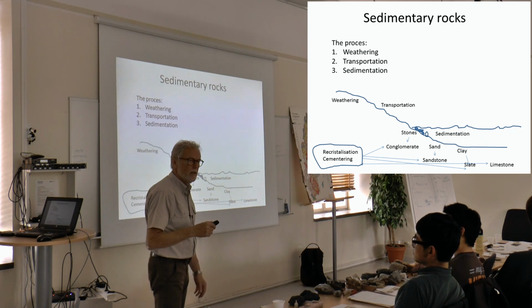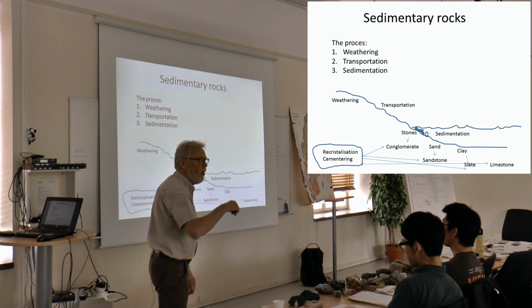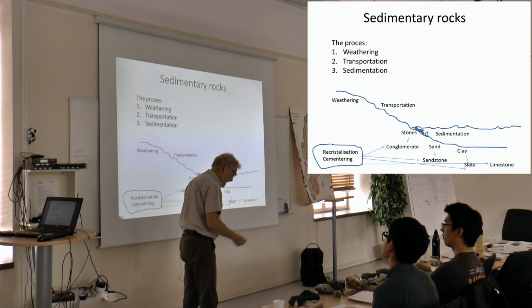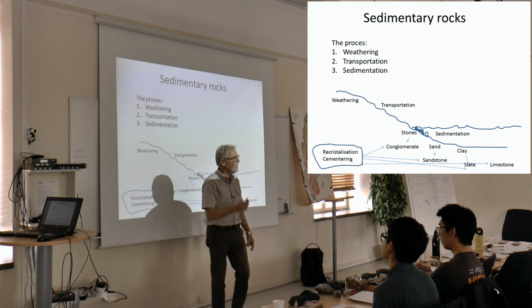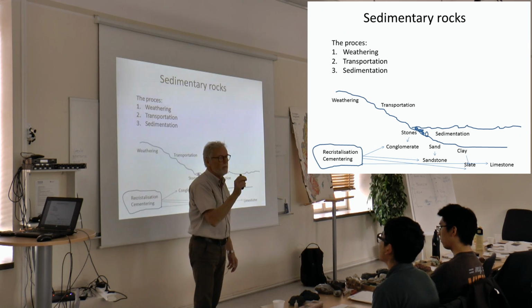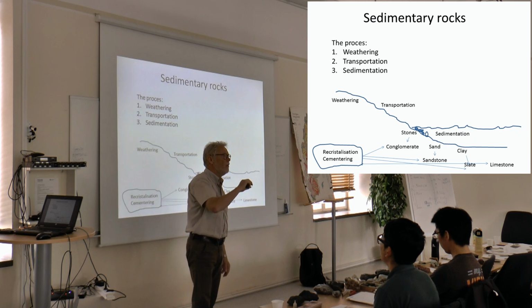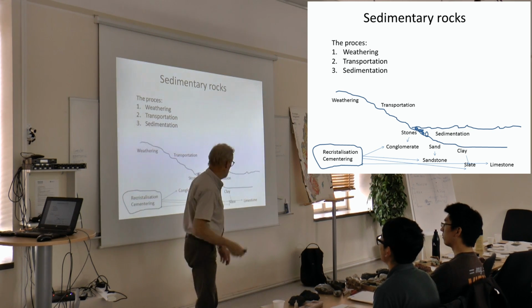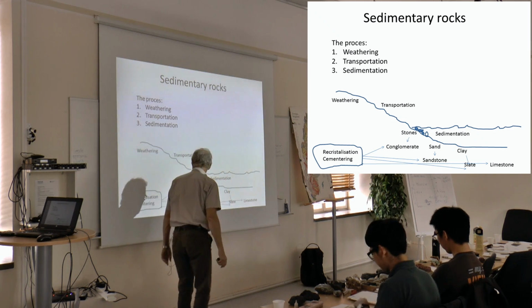Utfällning, precipitation of calcium carbonate in the water, together with shells from animals living in the sea, from bones and so on, from fishes and so on. That is limestone, and we were going to see that on Öland.